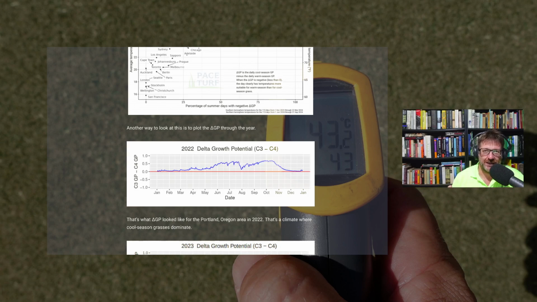So in a place like Japan, where everywhere gets that hot, you can focus in on that kind of analysis and check from the first day in the year with a negative delta GP to the last day in the year with a negative delta GP and say, for this year, that was the duration of summer. And then you can make various calculations about the temperatures or the weather conditions that happened from that first day to the last day.